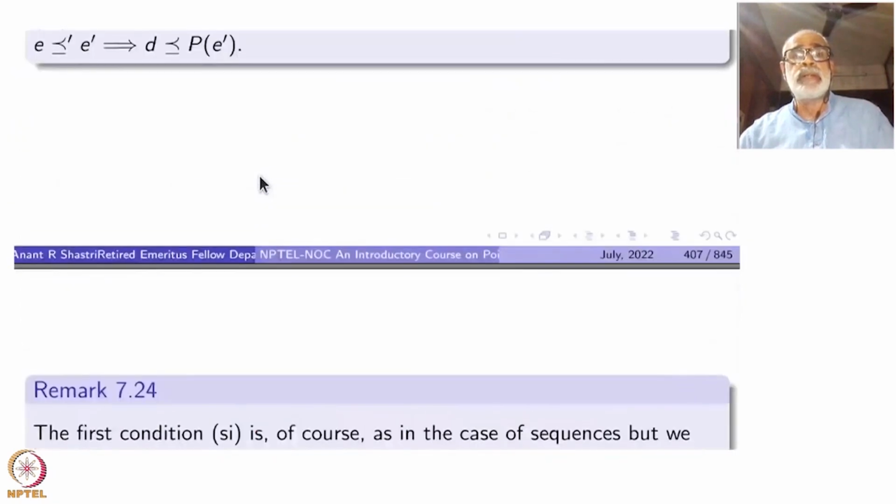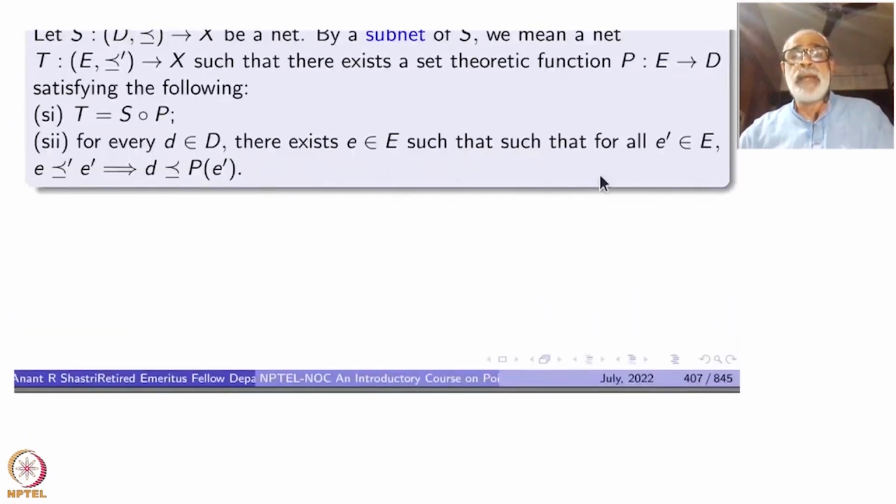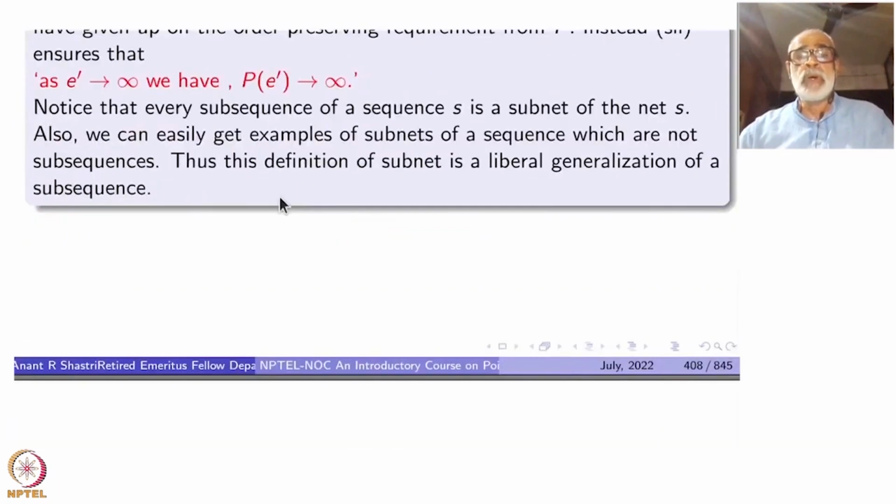So if E primes are larger than E, then P of E primes are larger than D. That is like the epsilon delta definition of a function going to infinity, if you do it correctly. So it is similar to that. Analysis is the guide for all these things after all, the experience there, that's all.